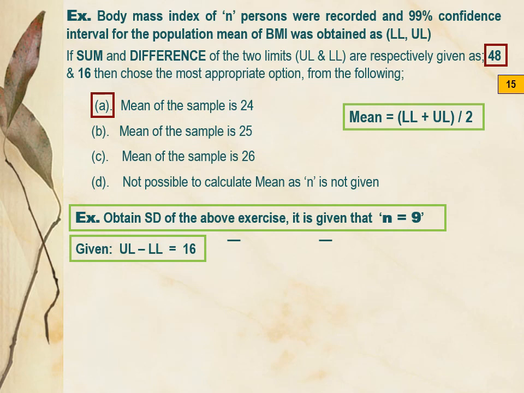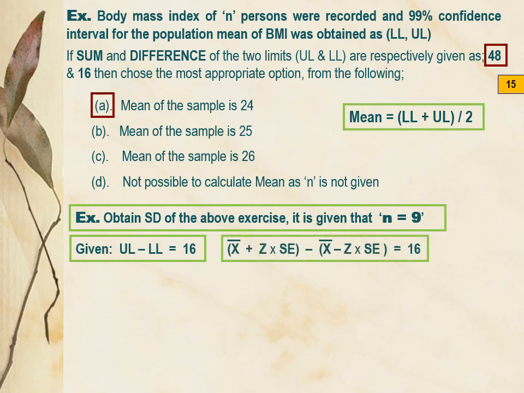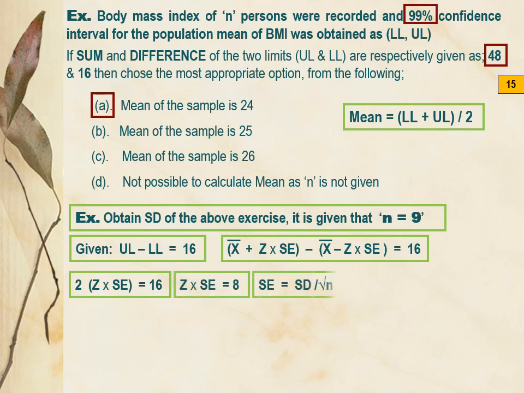Just substitute the values. X bar plus ZSE minus x bar minus ZSE is equal to 16. X bar will cancel, and you will get 2 times ZSE equal to 16. SE is SD over root n. Z for 99% means 2.58. Just substitute the value here. When you solve it, you will get the value of SD.